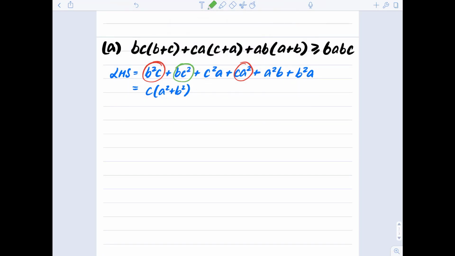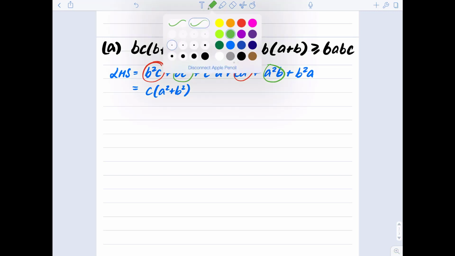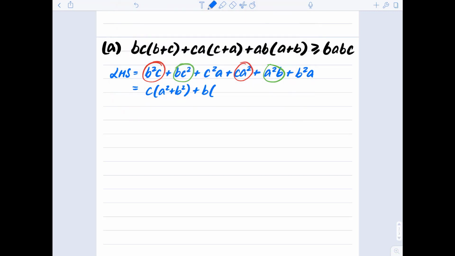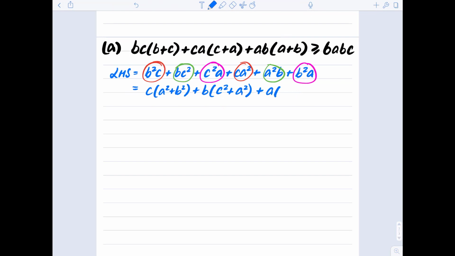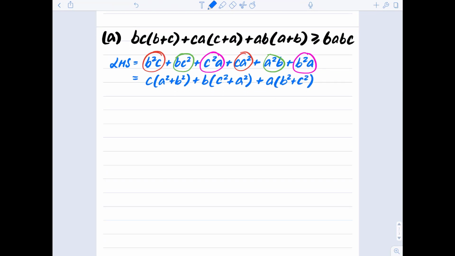The one that has single b and c squared, and single b and a squared, I will group together, and I'll get c squared plus a squared. And finally, I can see they both contain a single a, and this has b squared and c squared in it. So now, hopefully this will work out.